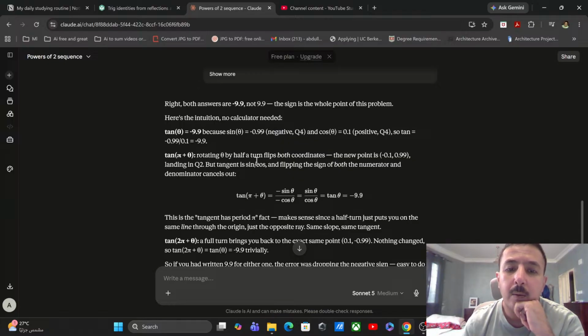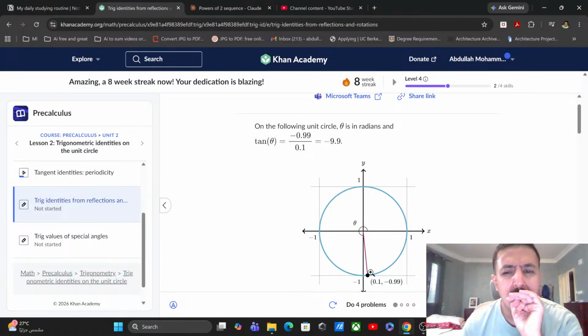By half a turn flips both coordinates. But tangent is, wait, are we doing it like this?